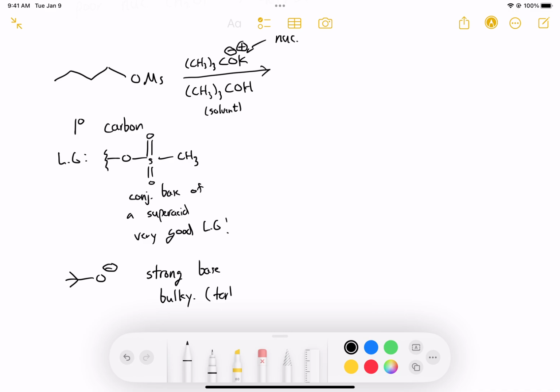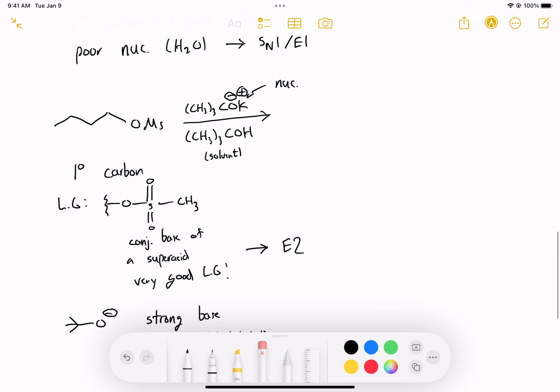So when we have these kinds of cases, we're going to see E2 because of the strong base. Even though it's primary, our base is very bulky, so it's going to be an E2 type reaction. So we're going to get E2-like conditions.